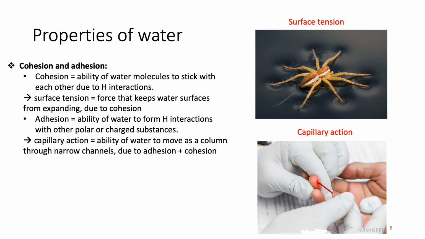This works because of the adhesion between blood, which is primarily water, and the walls of the capillary tube. This adhesion allows water molecules in contact with the walls to climb up. In addition, because of cohesion, the whole water column climbs up with those water molecules up the capillary tube.